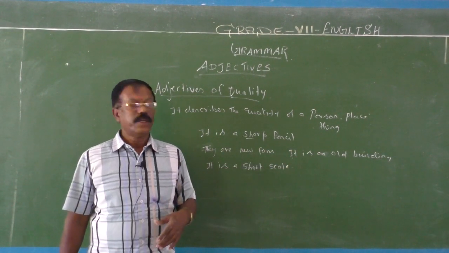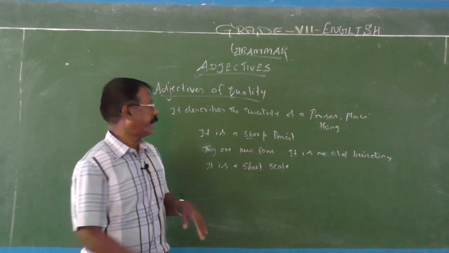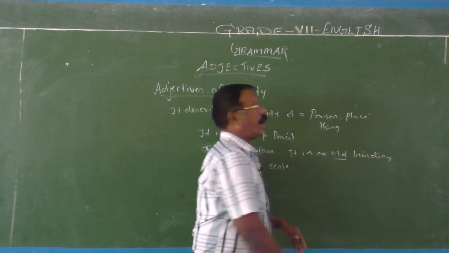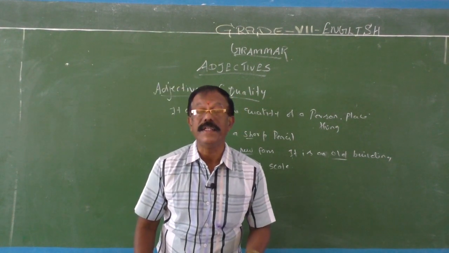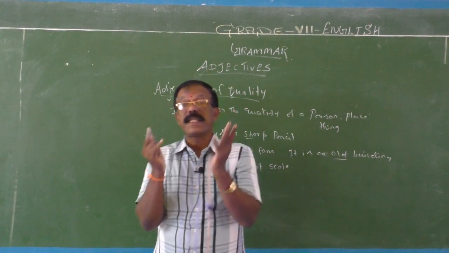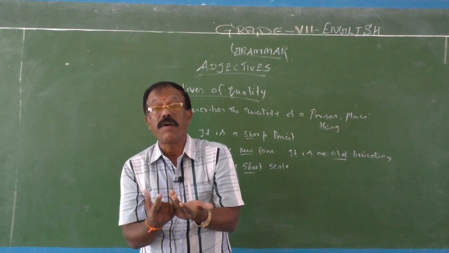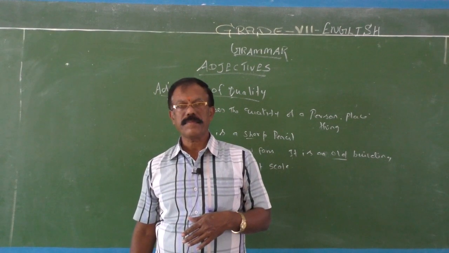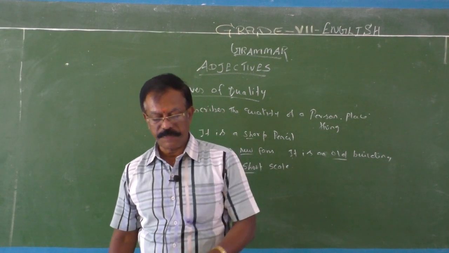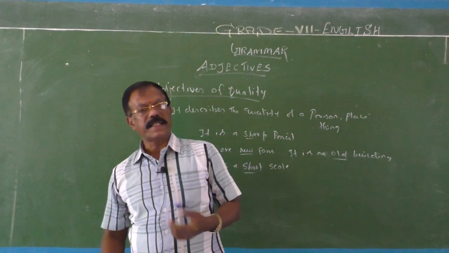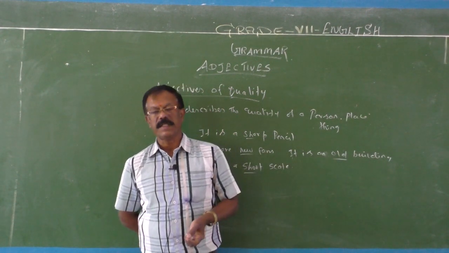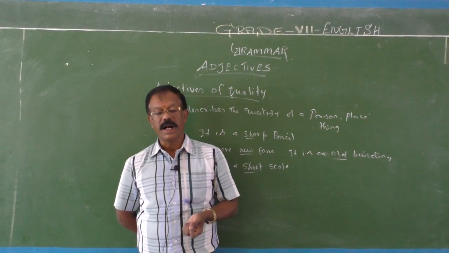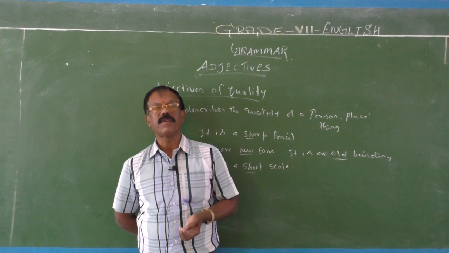Okay, like that. So all these underlined words, sharp, new, short, old, are called adjectives of quality because they describe the quality of things. Okay, so in this way, adjectives that describe the quality of a person, place, and thing are called adjectives of quality.